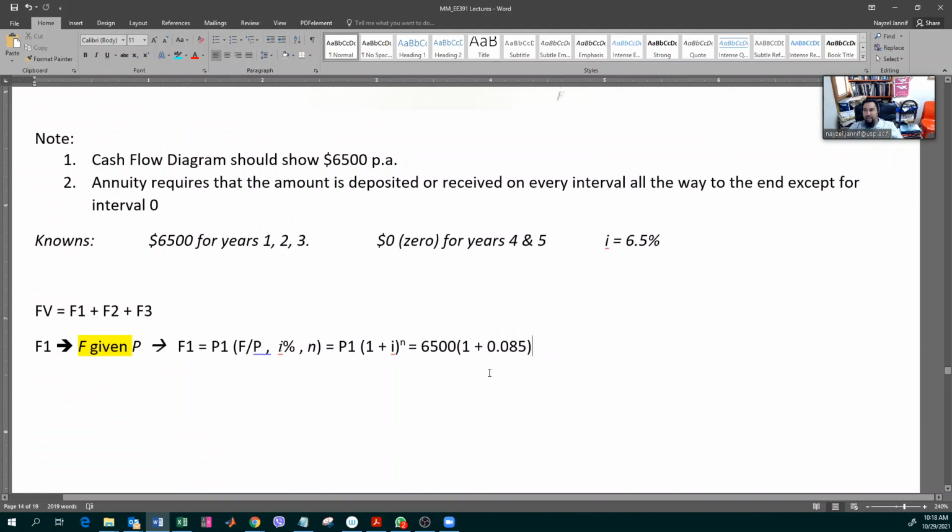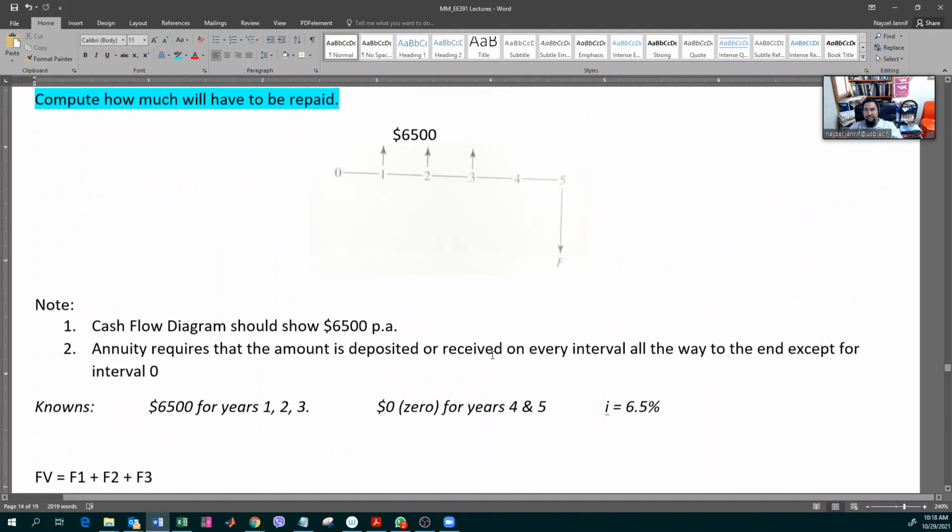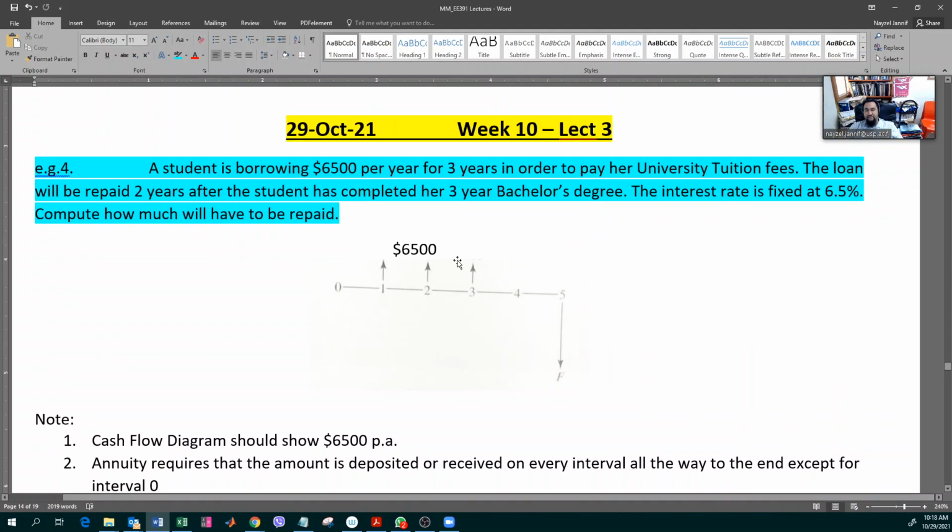Now, tell me, how many years is this guy F1? How many years will it compound? How many compounding periods for the thing borrowed in year 1? Remember, the repayment time is year 5. It'll go for 1, 2, 3, 4.